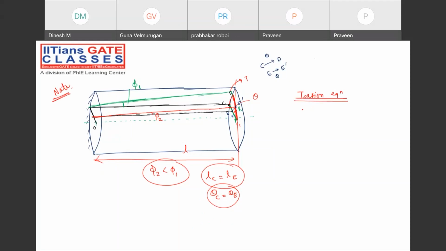T by J equal to tau by R equal to G theta by L, where J is nothing but the polar moment of inertia. Yes or no, guys? Perfect. So note down fast.